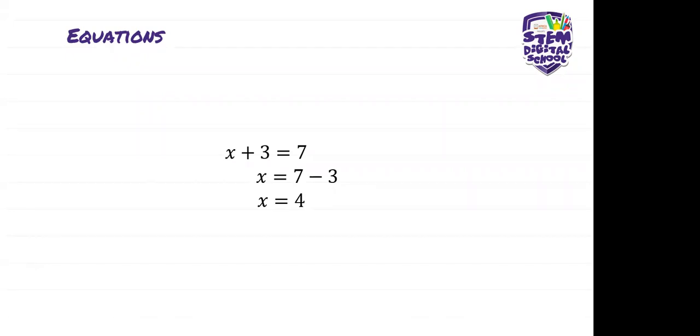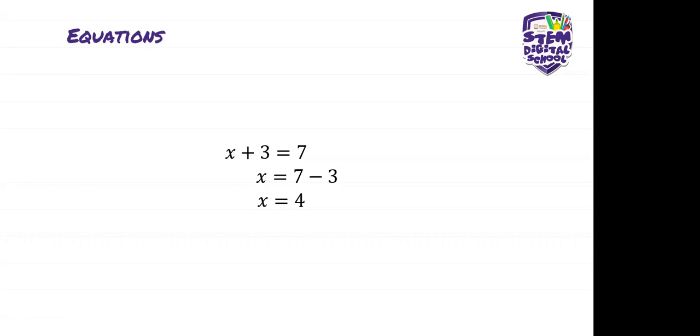So there are two ways, like I've just said, of solving equations. The first way is that you can solve it by inspection, and the second one is that you can use the additive inverse. In this case, we need to use the additive inverse because you are adding x and 3.